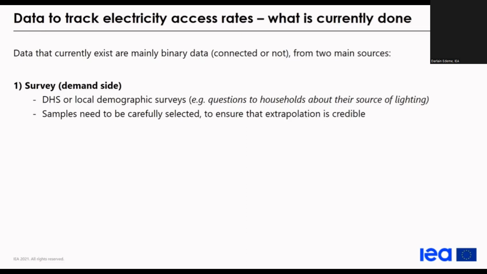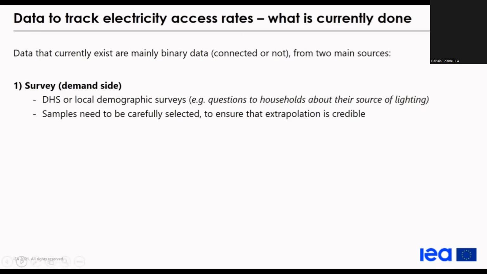This is a survey, so it's not updated every year, and samples need to be carefully selected. But it gives a very good field and bottom up view of electricity access.